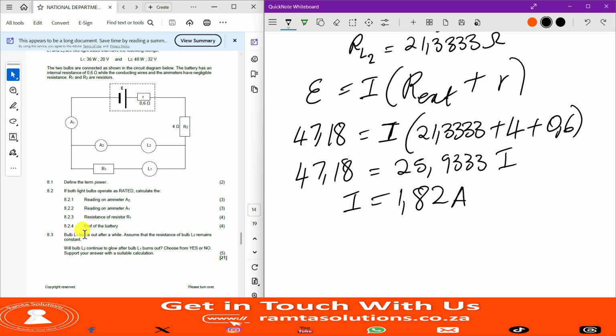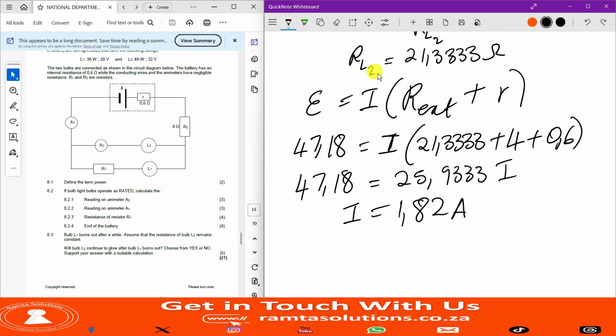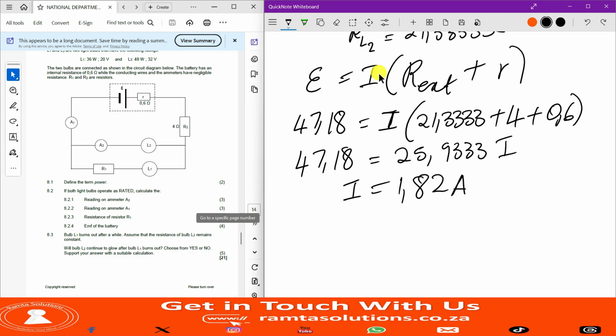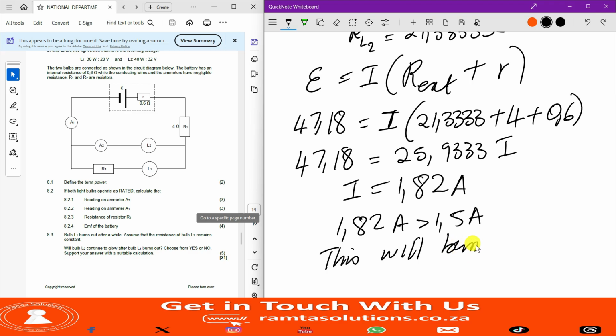Now, to answer the question, we can say this: 1.82 amperes is greater than 1.5 amperes. This will burn the light bulb.